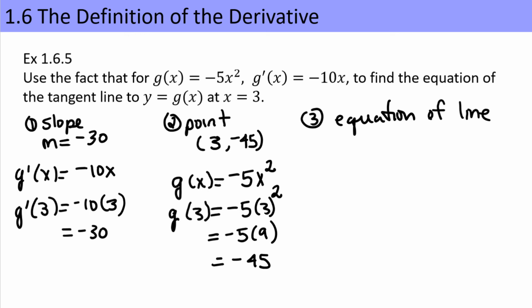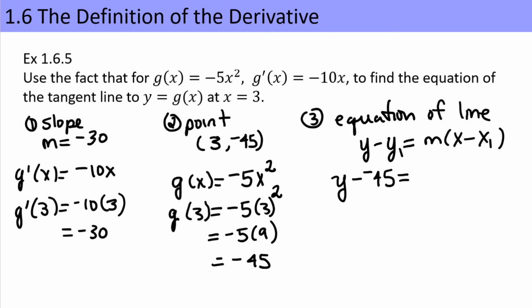Now, in order to get the equation of a line, we typically use the point-slope form of the equation of a line, so we will use y minus y1 equals m times the quantity x minus x1, and then we will solve. So we'll write this as y minus the corresponding y value that we just computed for the point, which is negative 45. The slope is negative 30.